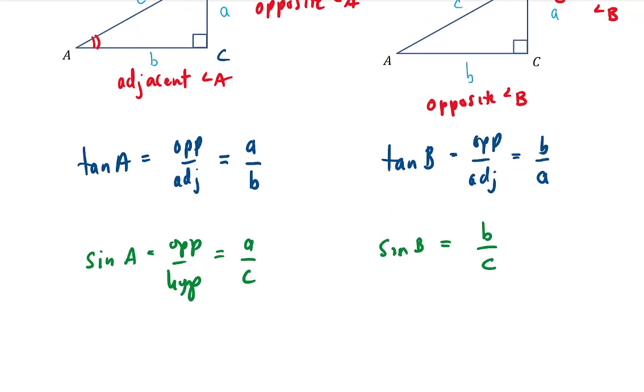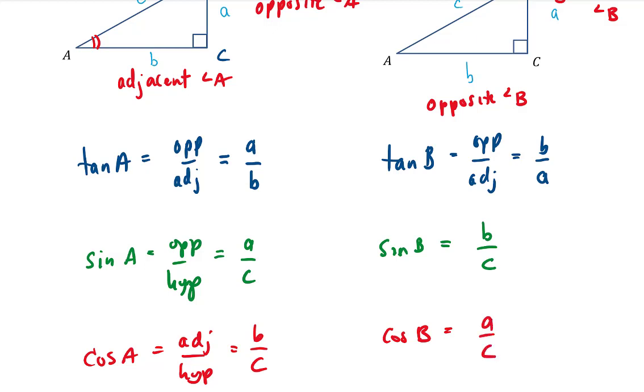And the last one, if we look for the cosine ratio, is just the adjacent side length over the hypotenuse length. The adjacent side length to angle A is b divided by the hypotenuse c. And if we want the cosine of angle B, that is going to be a over c. And that is all these ratios are.